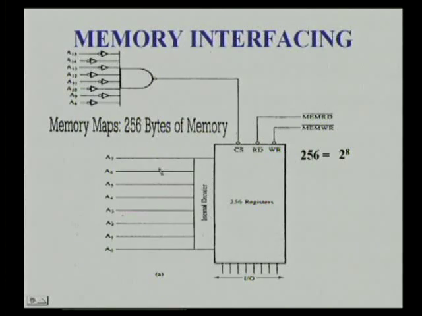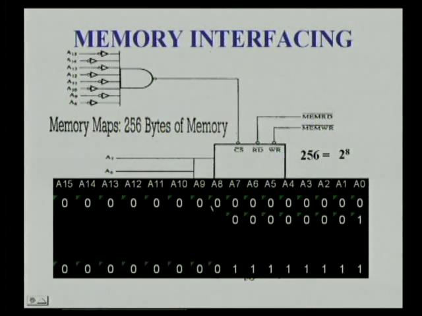Now the memory map of this one can be derived this way. We write A0 to A15, and here we can see A8 to A15 lines are used for identifying the chip, whereas the lower order address lines, since they are connected directly to the memory chip, can be varied from all zeros to all ones.